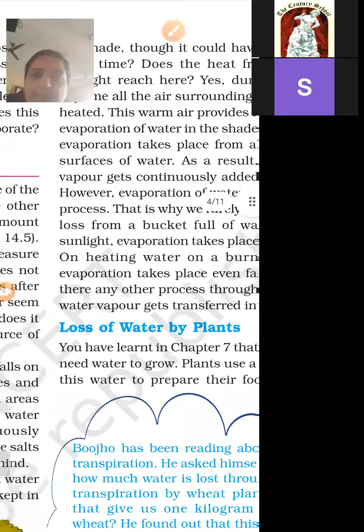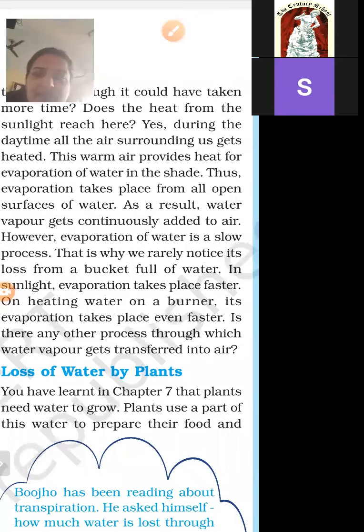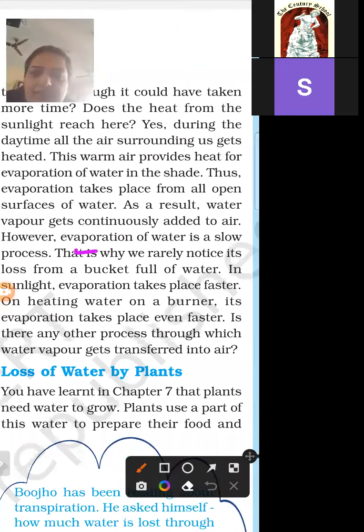During the daytime, the warm air provides heat for the evaporation of water in the shade. As a result, water vapor is continuously added to the air. Evaporation in the shade is a very slow process, so it takes more time.